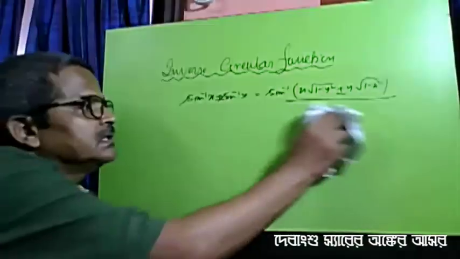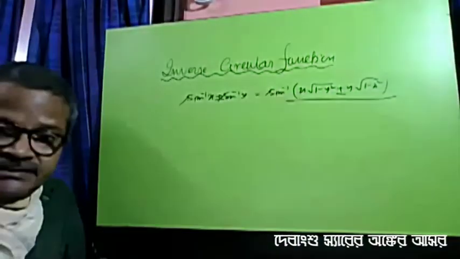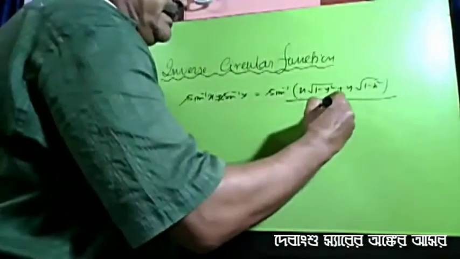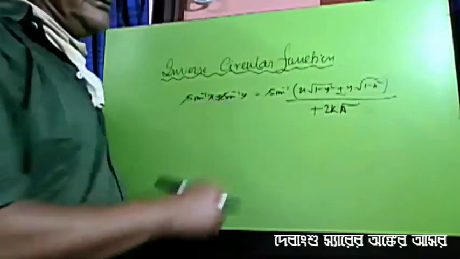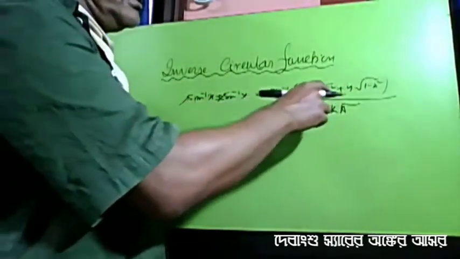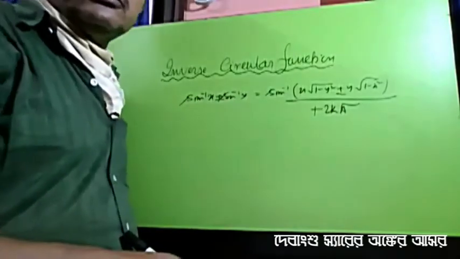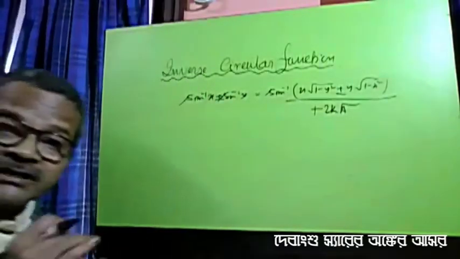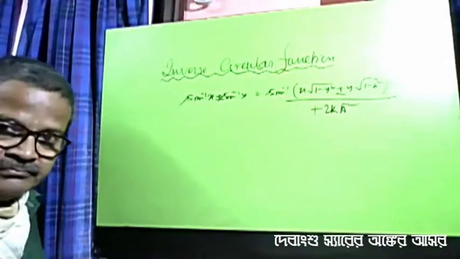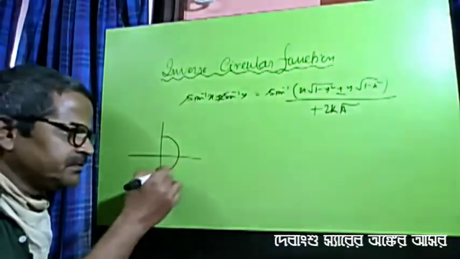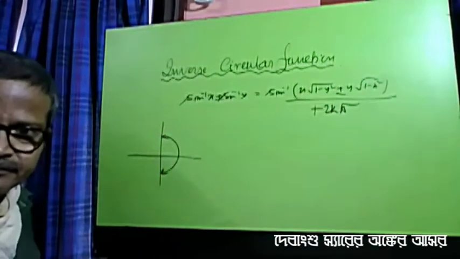No, we are not. This is not 100% correct because there is an adjustment of 2k pi. So sin inverse x plus sin inverse y is sin inverse of x root over 1 minus y square plus y root over 1 minus x square, plus 2k pi. What is that 2k pi? You forget the principal value range.